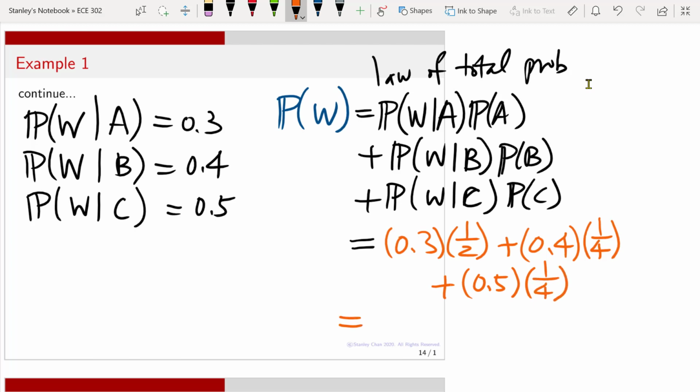And then if we carry out the calculation, this is 0.15, this is 0.1, and this is 0.125. And so if you add the numbers up, this will give you 0.375.